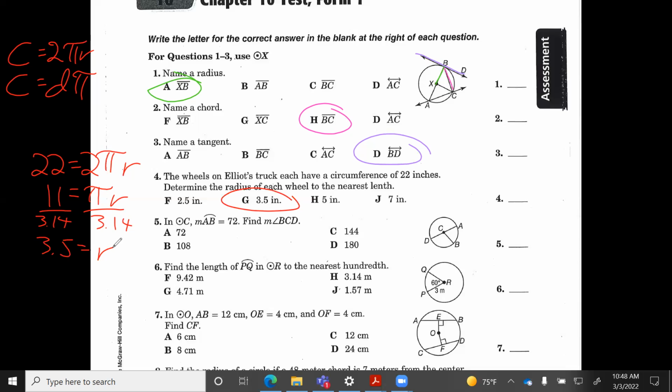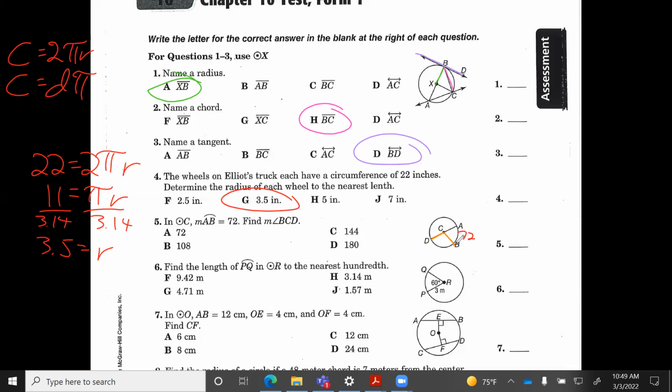So on number 5, we have circle C. Measure of arc AB is 72. So label the diagram as you go. This is 72. They want us to find BCD. BCD is that angle highlighted in orange.